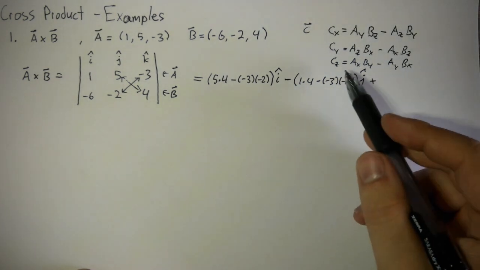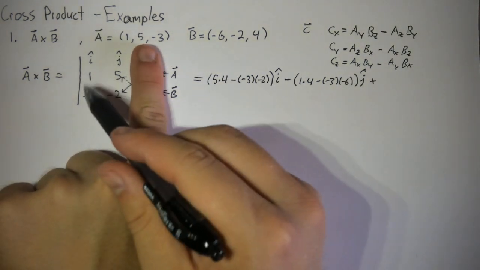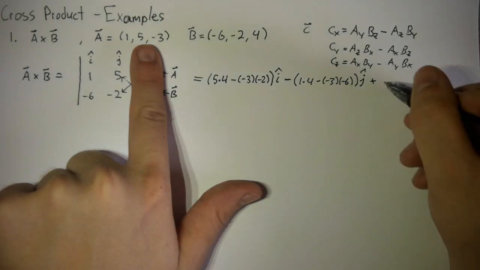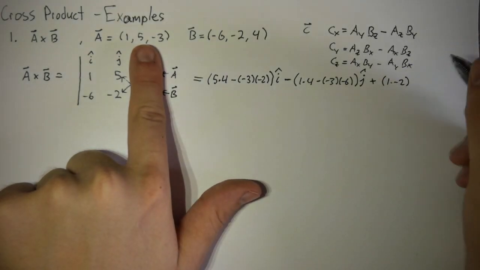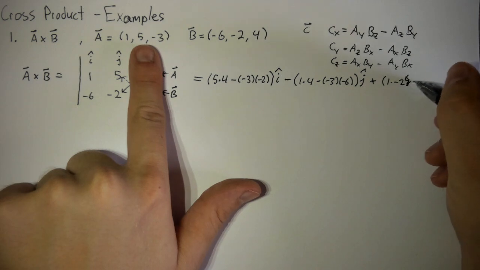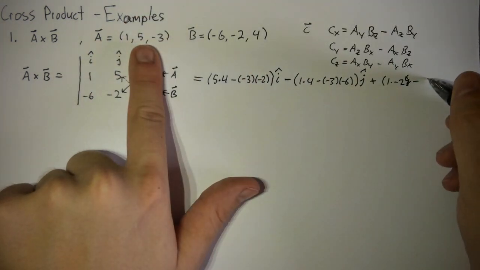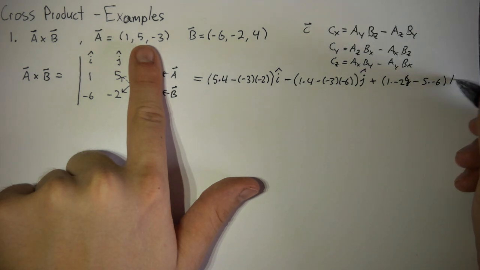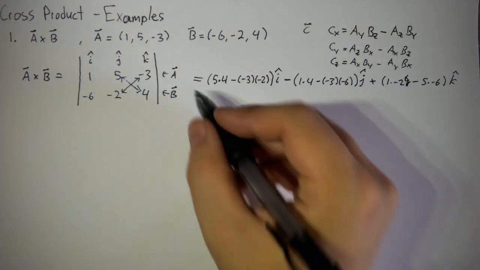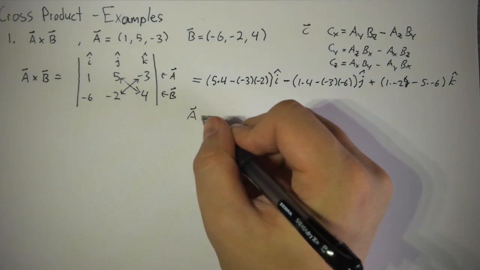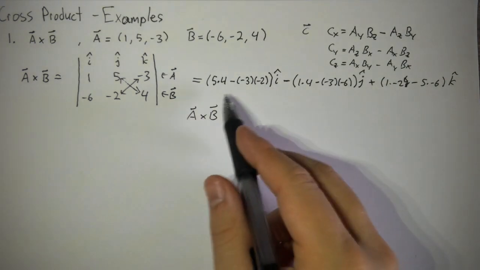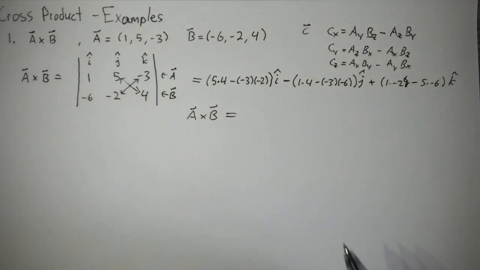Okay, finally, we can solve for the Z component, which is AX BY minus AY BX. If you cross that out, this is AX times BY, 1 times -2, minus 5 times -6. And that's in the K direction. So then the final answer is you just solve these components.